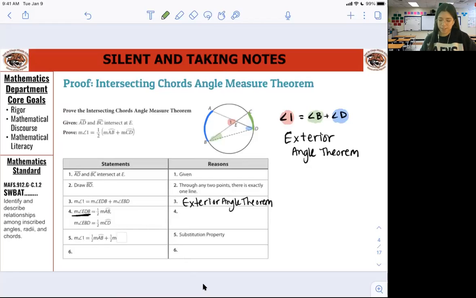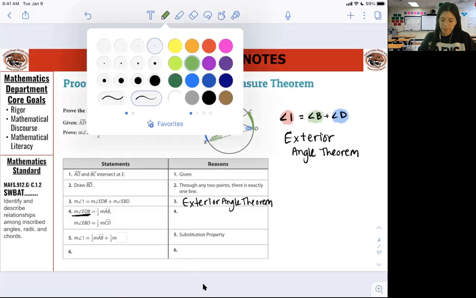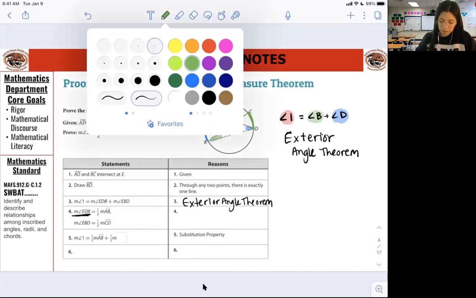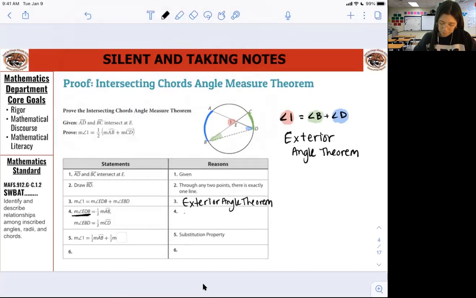That's literally it. Because here's one slice. Here's my inscribed angle and the intercepted arc. And then here's my other inscribed angle and its intercepted arc. So that is simply the inscribed angle theorem.